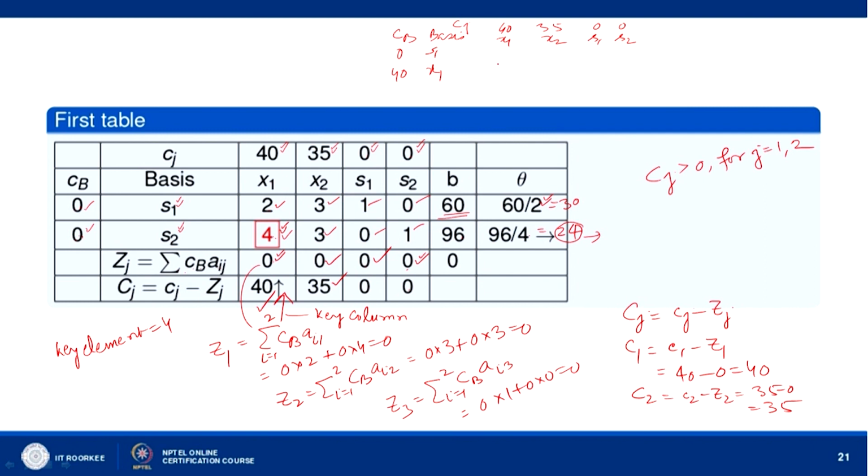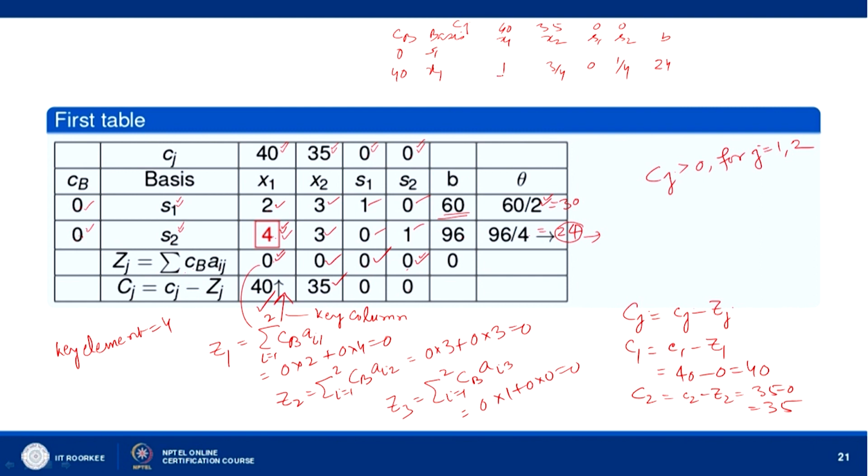So, this row will become 1, 3 by 4, 0, 1 by 4, and here we will get 96 by 4, that means 24. This is the B column.